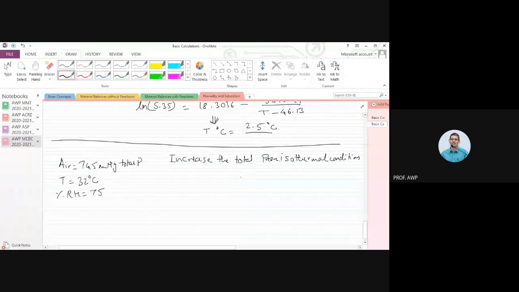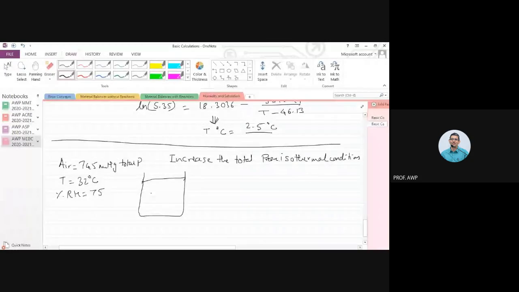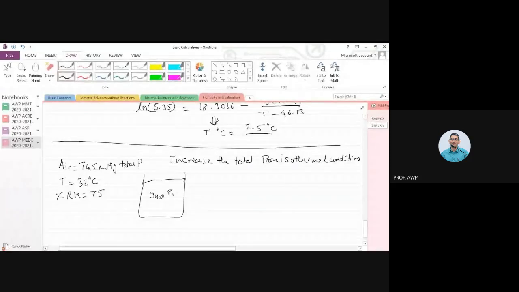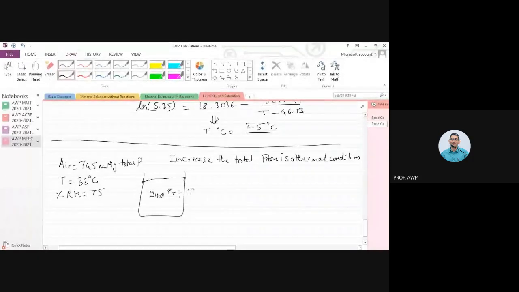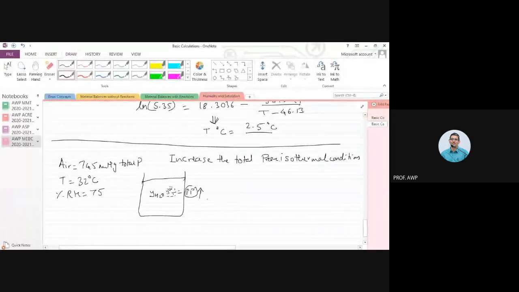Now if you increase the total pressure, the air that was there had some mole fraction, and mole fraction multiplied by total pressure was equal to partial pressure. Now total pressure is increased, so this partial pressure will keep on increasing. If I double the total pressure, partial pressure will double.